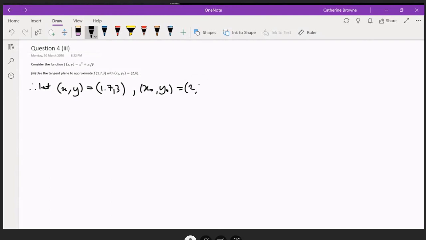And again, I know that the square root of 4 is 2. I guess that's why I've chosen to approximate using this point.